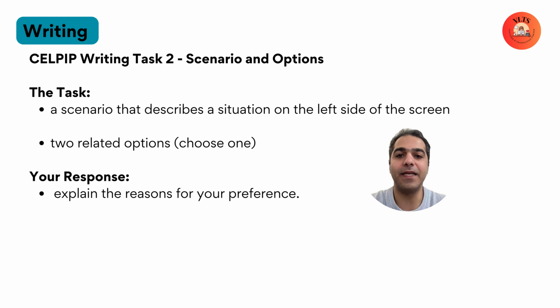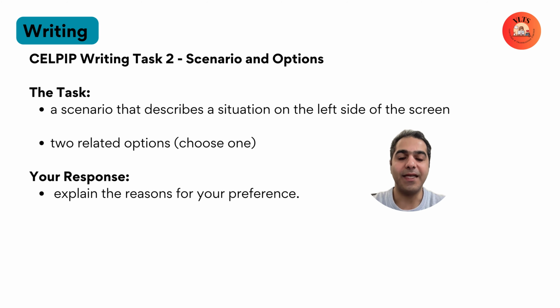Now let's consider task 2. In task 2, you will be presented a scenario that describes a situation on the left side of the screen. You need to read this information to understand the context. On the right side of the screen, you will have two options that are related to this situation.